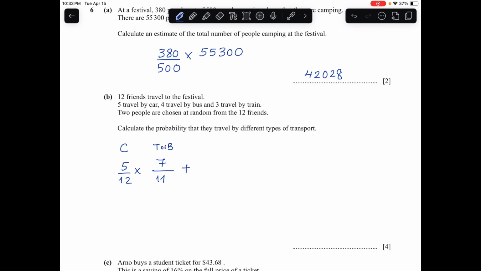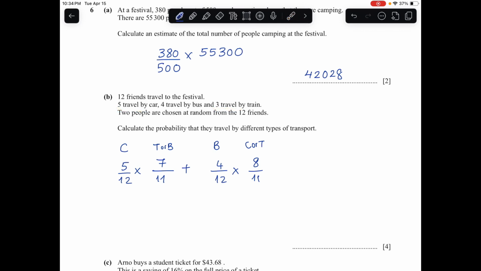Or let's say the first person is going by bus, then the other has to go by car or by train. So if he's going by bus, that would be 4 out of 12. And for the next one, I would have 8 out of 11. I'm simply adding car and train, 5 plus 3 is 8.